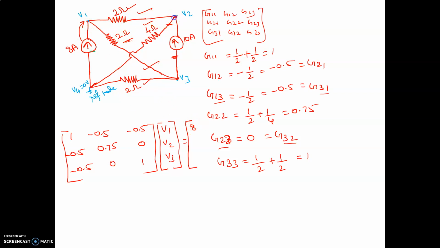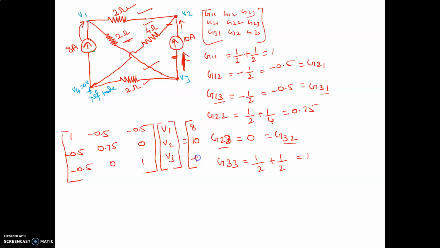With respect to node 2, the 10 ampere current is entering the node, so that is plus 10 amperes, a positive sign. With respect to node 3, the 10 ampere current is leaving the node, which can be treated as a negative sign.